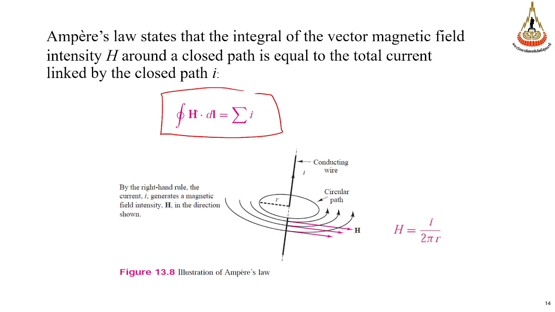If we solve this, we get H equal to I divided by 2 pi r, because we integrate along a closed path in a circle. This will be 2 pi r H equals I. Therefore, H is I divided by 2 pi r. What is the length? The length of the magnetic path in the closed loop. This is L here.